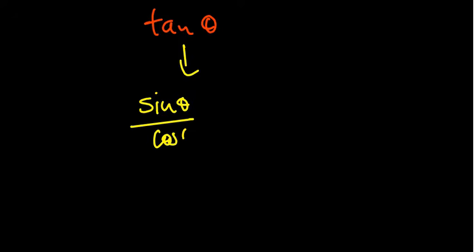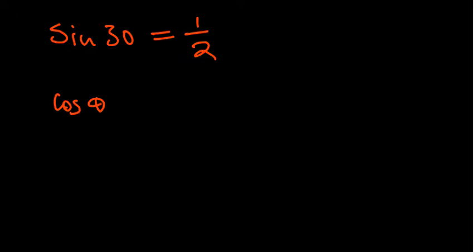So in this video, I just want us to understand that tan theta is basically equivalent to sin theta over cosine of theta. Very important for us to understand that aspect.